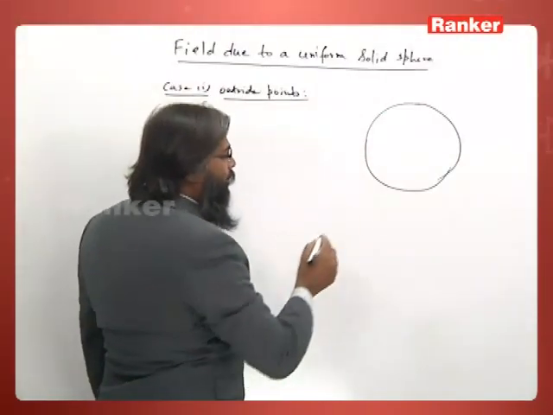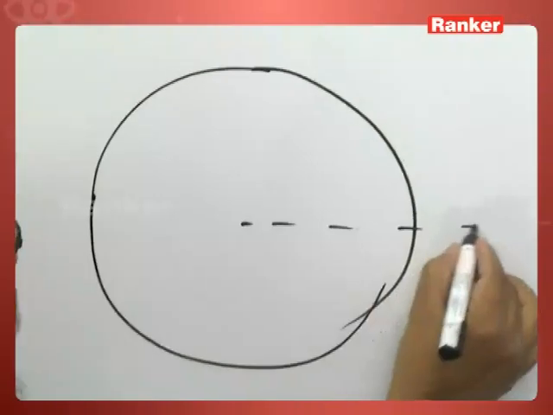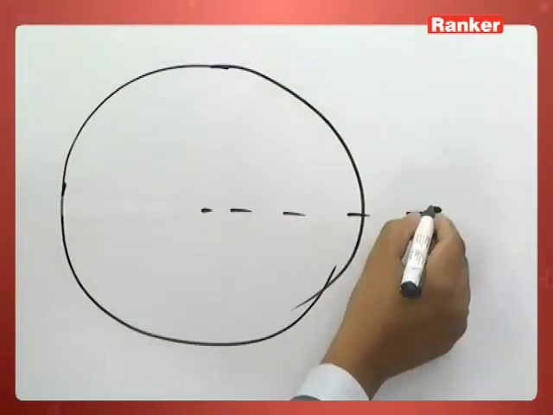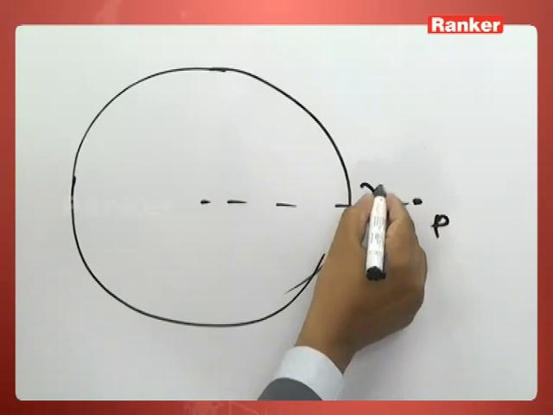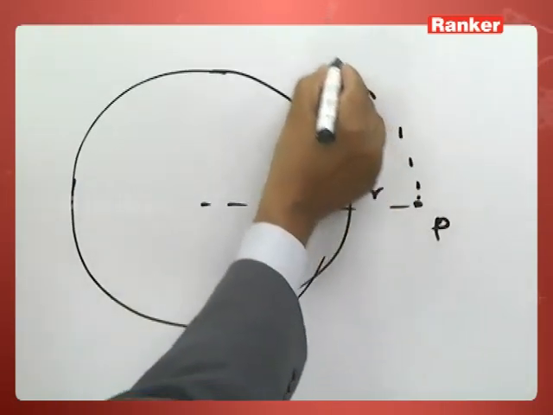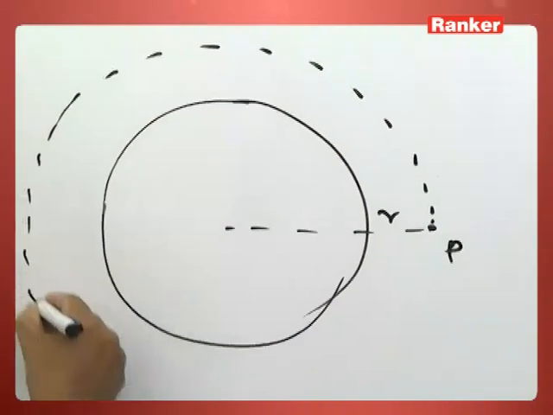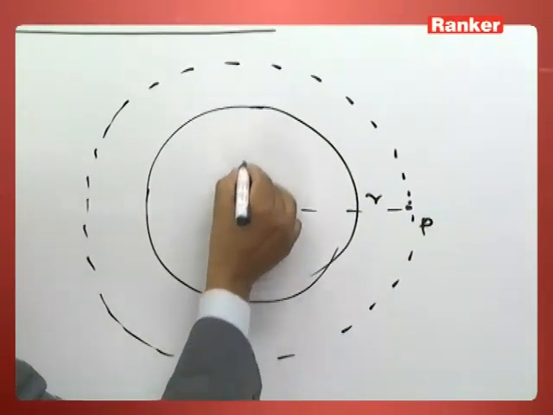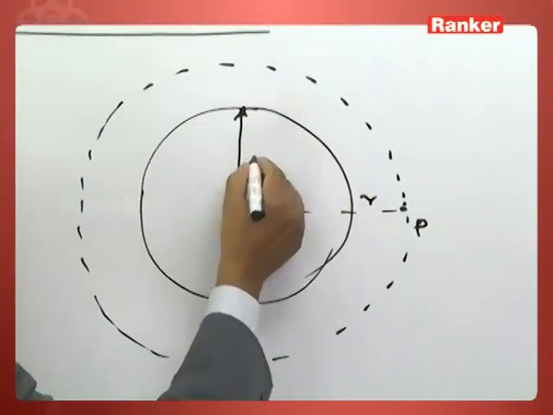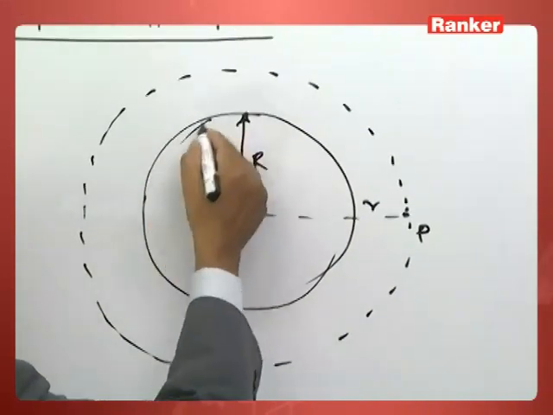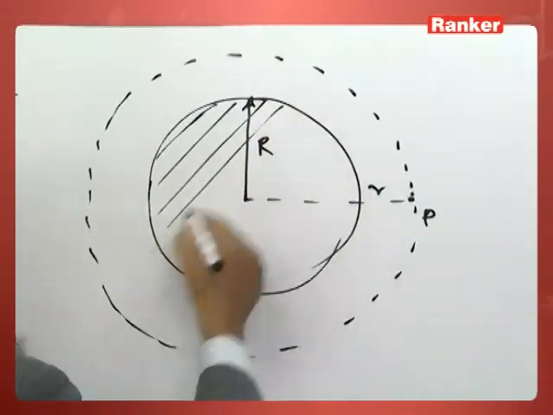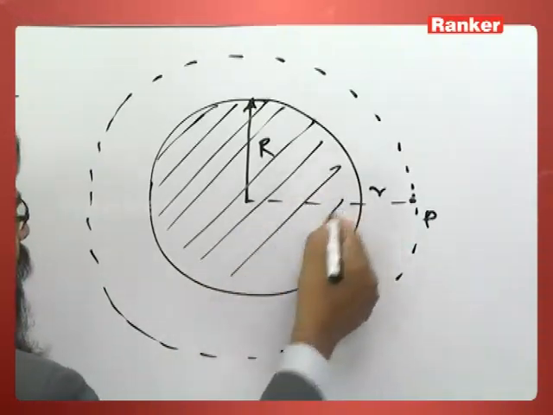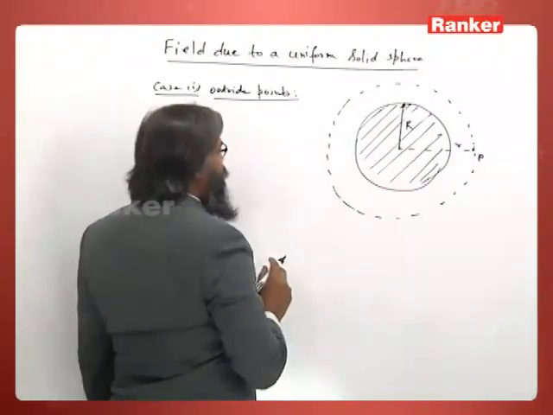In order to calculate the field at an outside point, we take a point P at a distance r and then consider a spherical concentric Gaussian surface. Now, this sphere is of radius R and the mass is uniformly distributed throughout its volume.